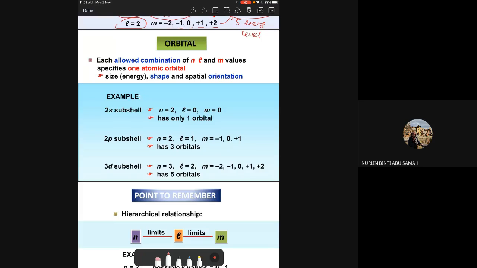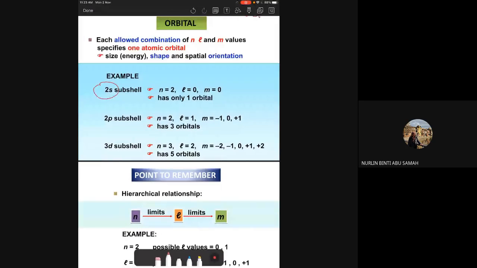In this case, for example, 2s. Do you still remember what the number in front is? This is n, the principal quantum number, the number of the row. For the 2s subshell, what you can extract is that n equals 2, l equals 0, m equals 0, and it has only one orbital.